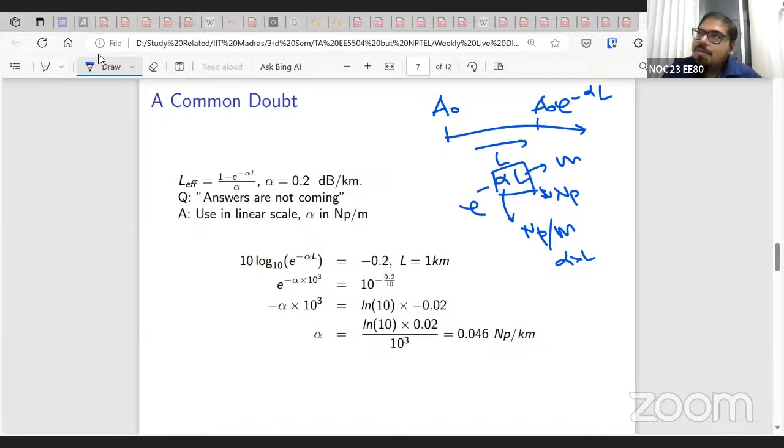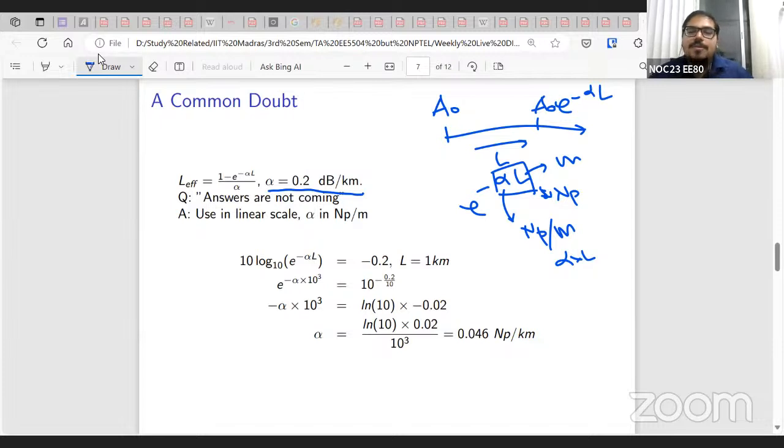So instead of giving alpha in nepers per meter, the value that we commonly use is this 0.2 dB per kilometer. But how do you convert it back to nepers per meter, or nepers per kilometer if you find that more convenient? You have to make sure that you're converting it back to SI units, linear units.